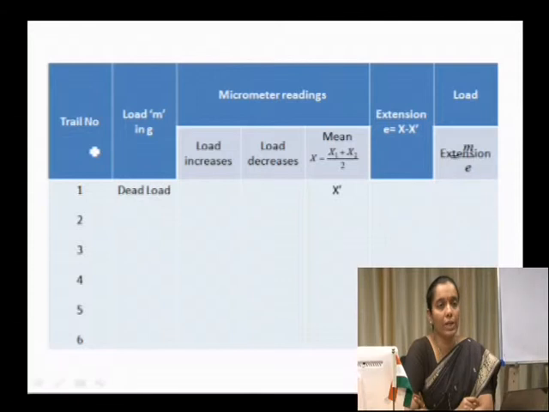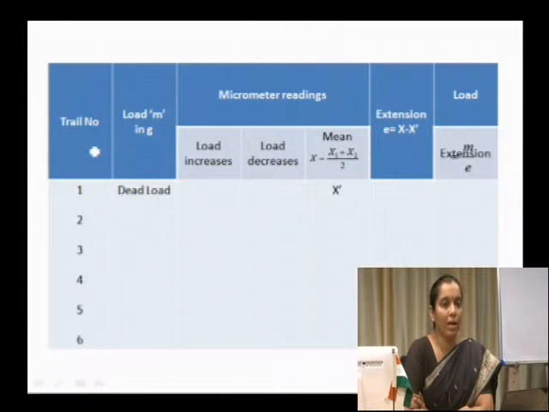So, for each load increase we are going to tabulate both PSR and HSR, and we are going to calculate the total reading as PSR plus HSR into least count. So, this process is repeated for different weights increasing in the order of 500 grams. So, first dead load 0 grams, second we will repeat that for 500 grams, thirdly we will do it for 1000, 1500, next 2000 and 2500 grams.